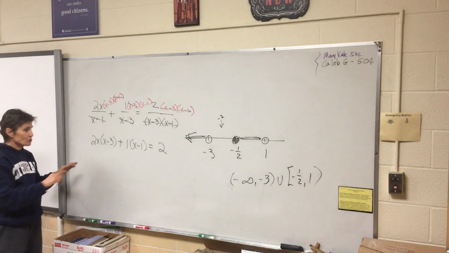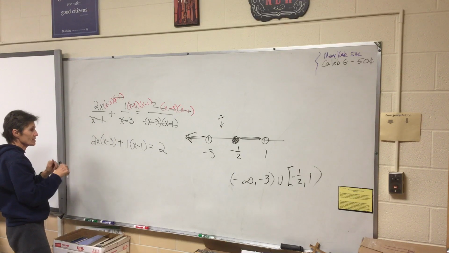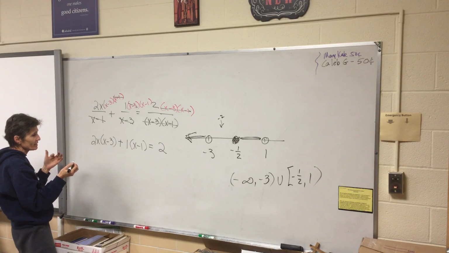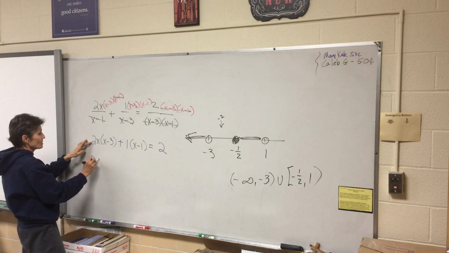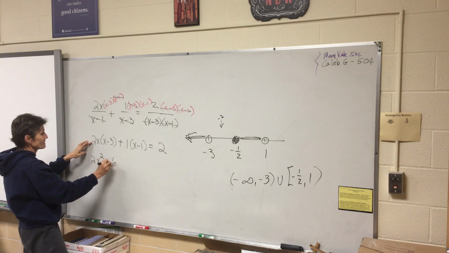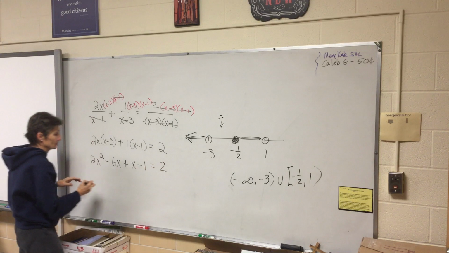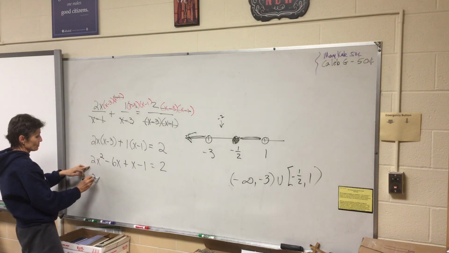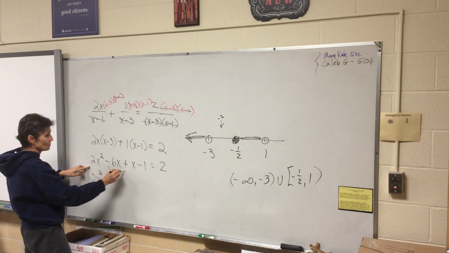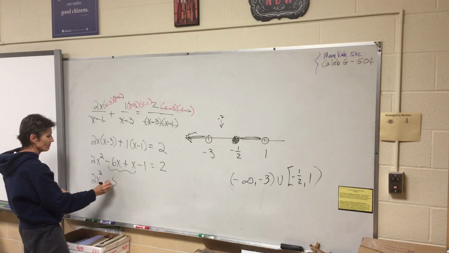So now we'll just do some distributive property and collect like terms. So 2x squared minus 6x. So 2x squared, these two make a negative 5.